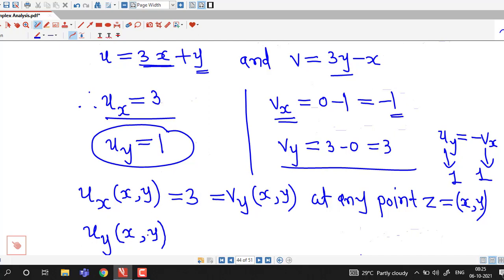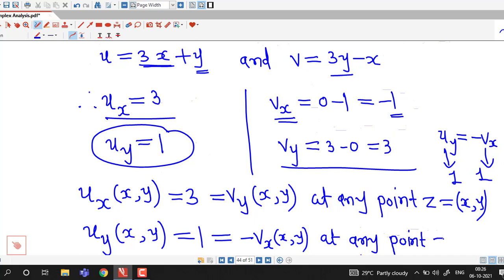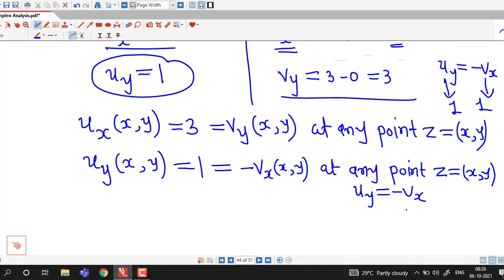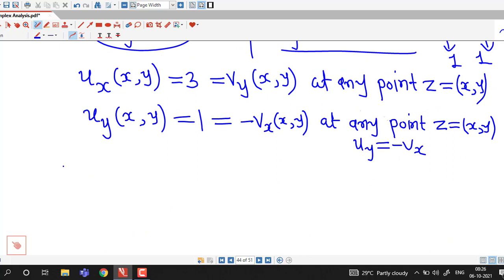So we can see that both Cauchy-Riemann equations are satisfied at every point.